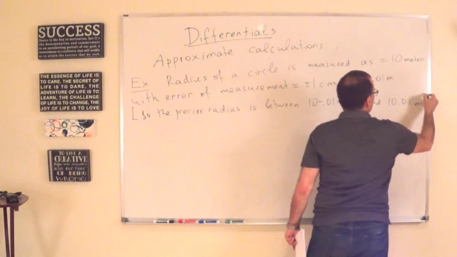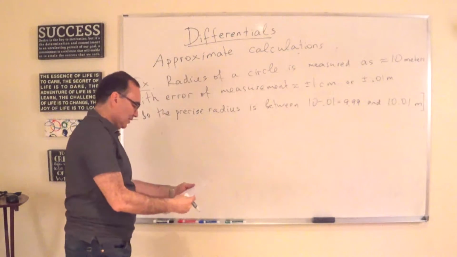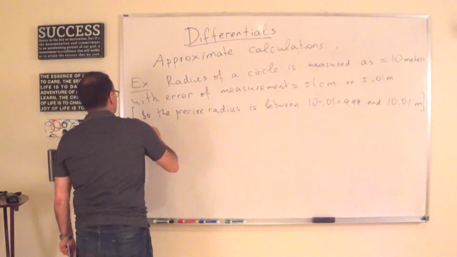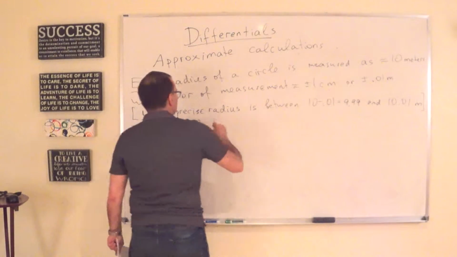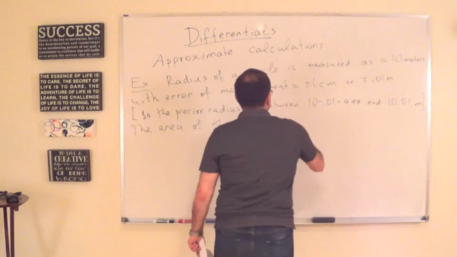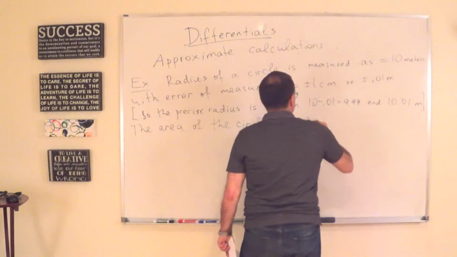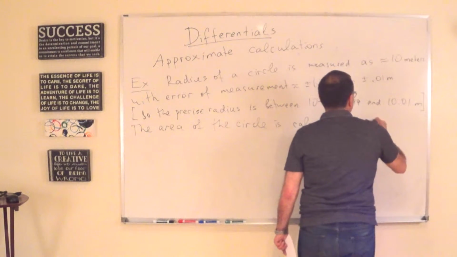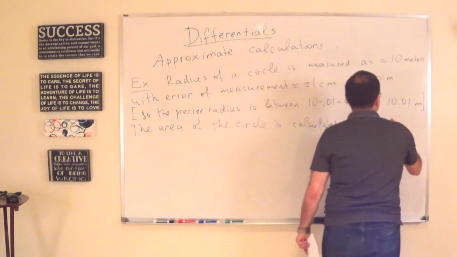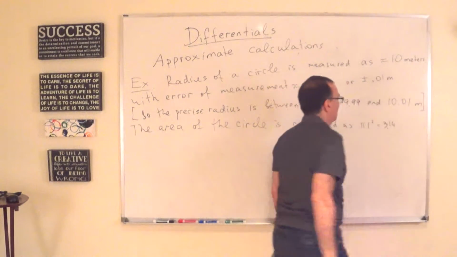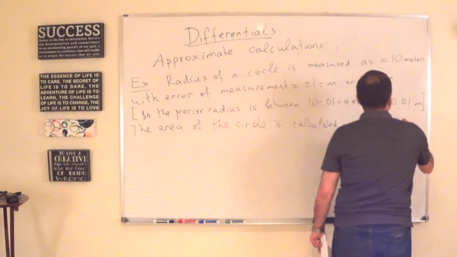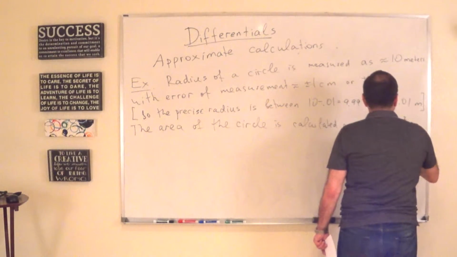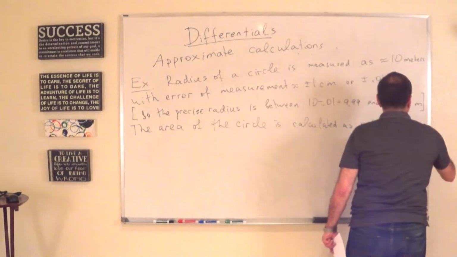So the actual radius of that circle is between this and this, but we have measured it as 10 meters. Here is the question. We are calculating the area of the circle. The area of the circle is then calculated as, of course, pi r squared, but since pi is 3.14 approximately, and the radius was measured as 10 meters, it will be 3.14 times 100, which is approximately 314 meters squared.